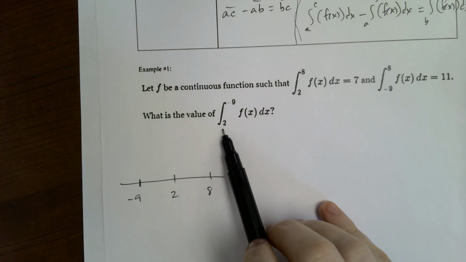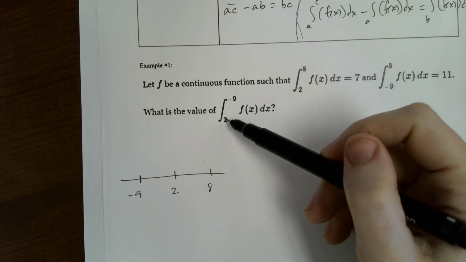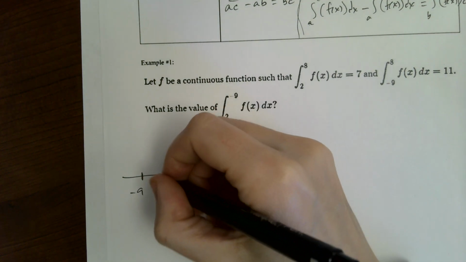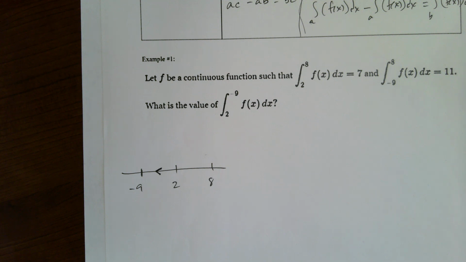We're trying to find the integral from 2 to -9. If that is a forwards interval, you need all of the integrals to go forwards. But if it's backwards, vice versa. So from 2 to -9, this is a backwards interval.